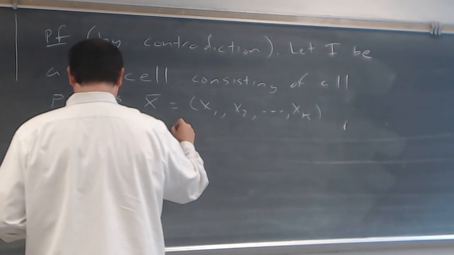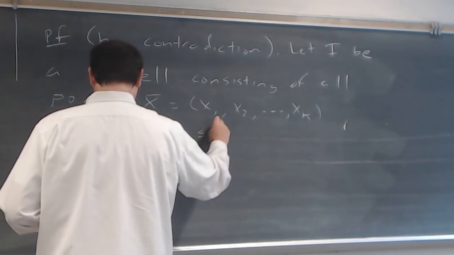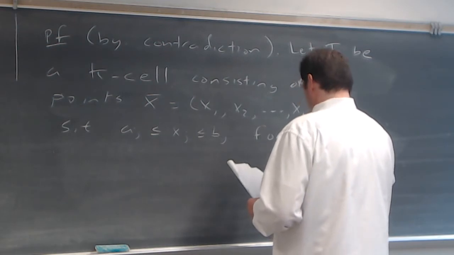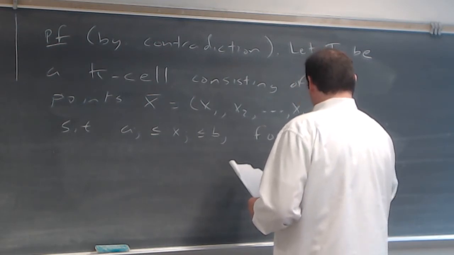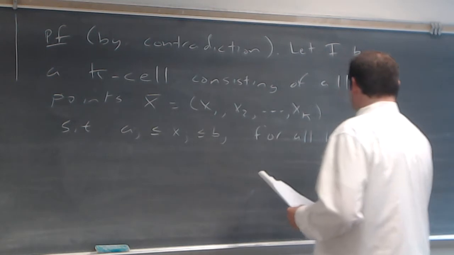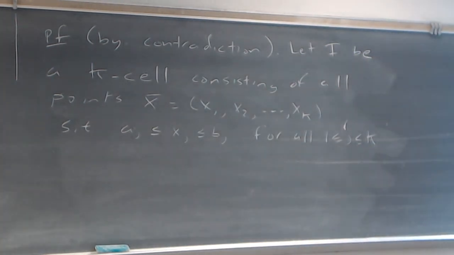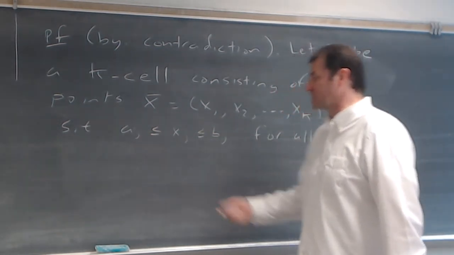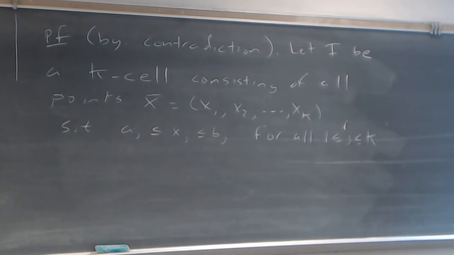So aj is less than or equal to xj is less than or equal to bj, for all 1 less than or equal to j less than or equal to k. So for all the coordinates. Now a sub j is different than b sub j, and a sub 1 is different possibly from a sub 2 and so forth. Okay?